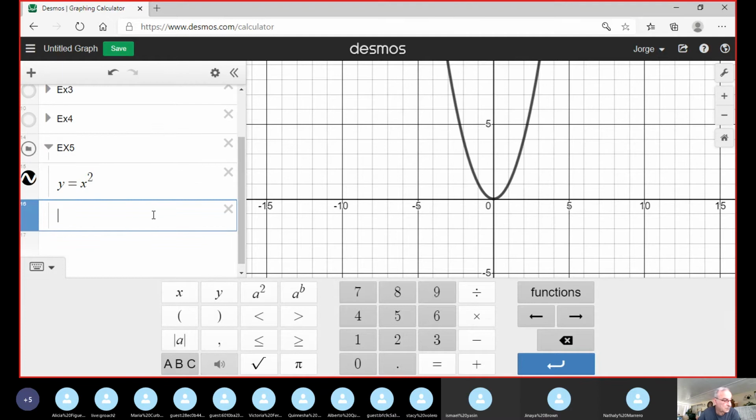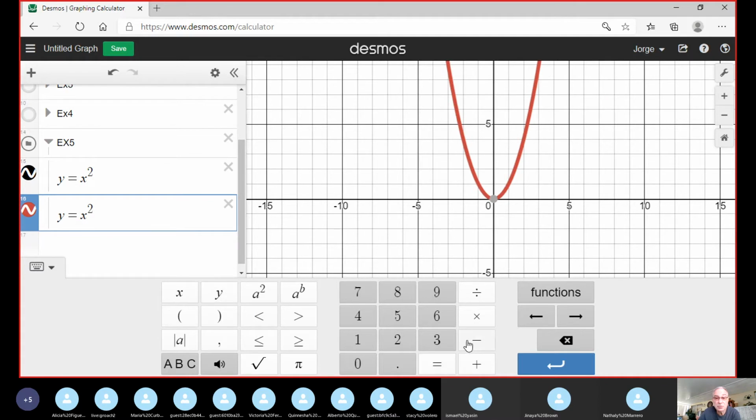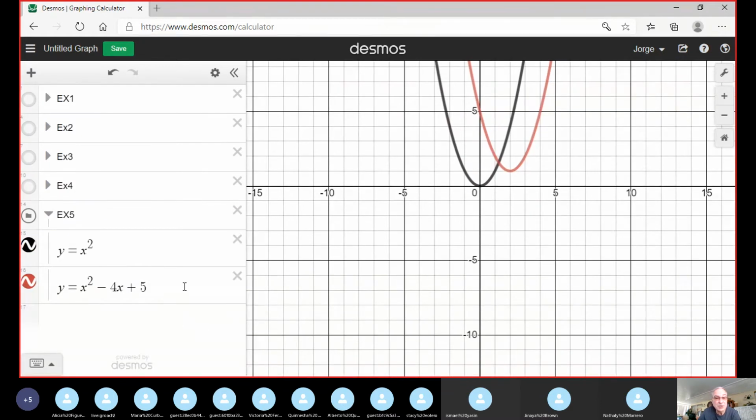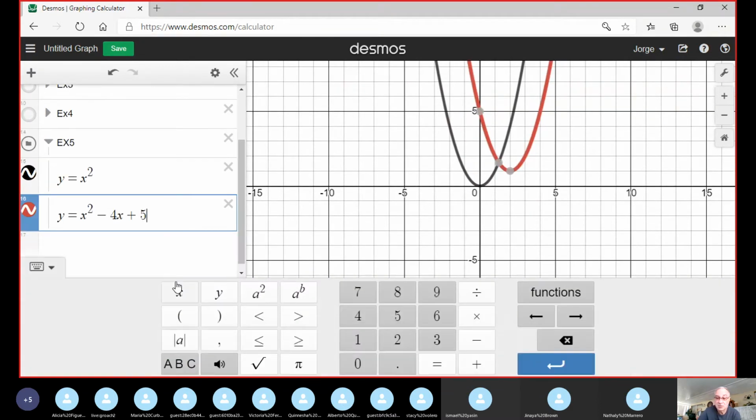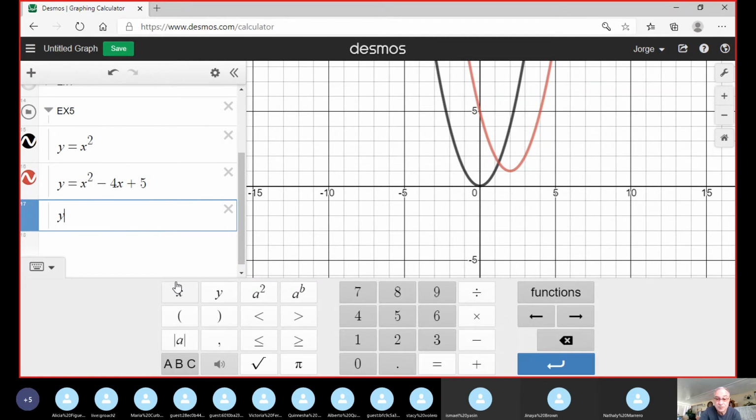Now I want to copy the original example: y equal x squared minus 4x plus 5. They see something like that. Wow. But I need to understand it using transformation. Using transformation is y equal.